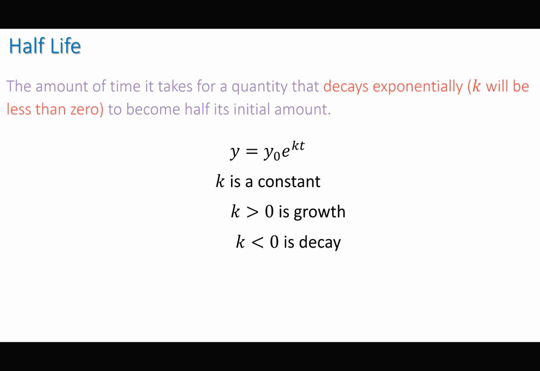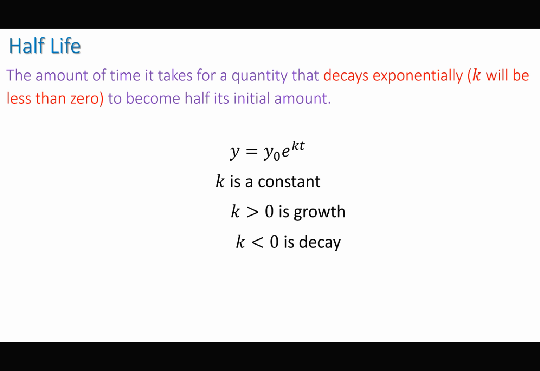Okay, next thing we're going to talk about is half-life. So half-life represents the amount of time it takes for a quantity decaying exponentially to become half of its initial amount. So this is kind of the opposite of our doubling time that we just did. We're thinking, okay, what about half of that amount?